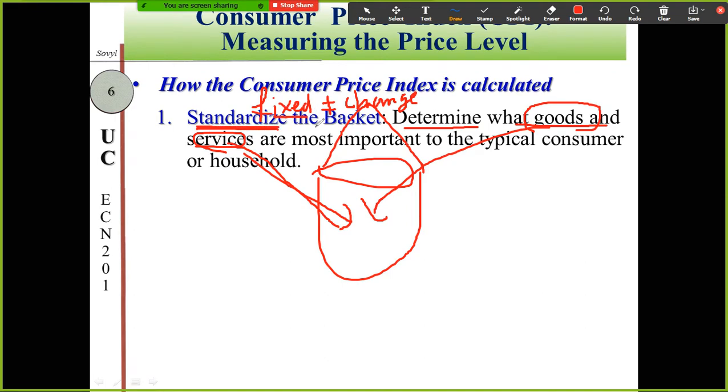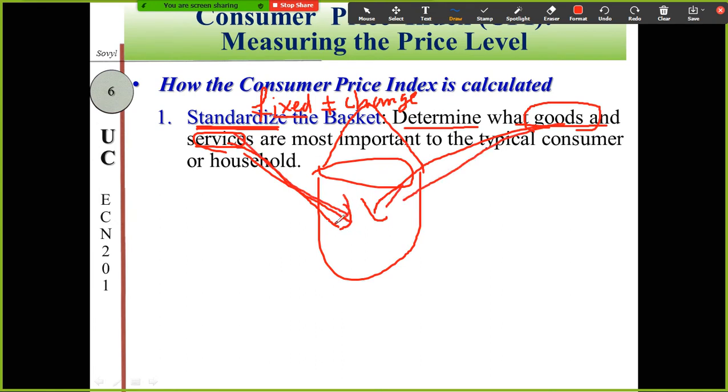So standardizing the basket means the CPI calculator needs to determine what goods and what services are the most important for the typical consumer or household in their own economy, and put these goods and services into the basket.